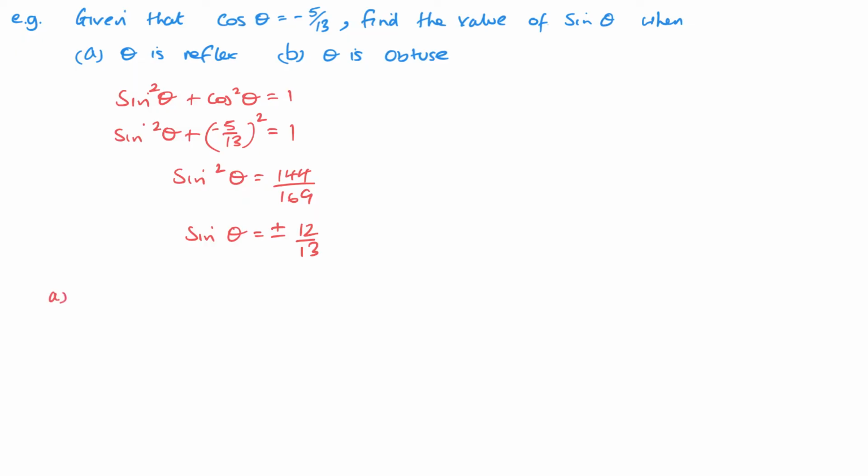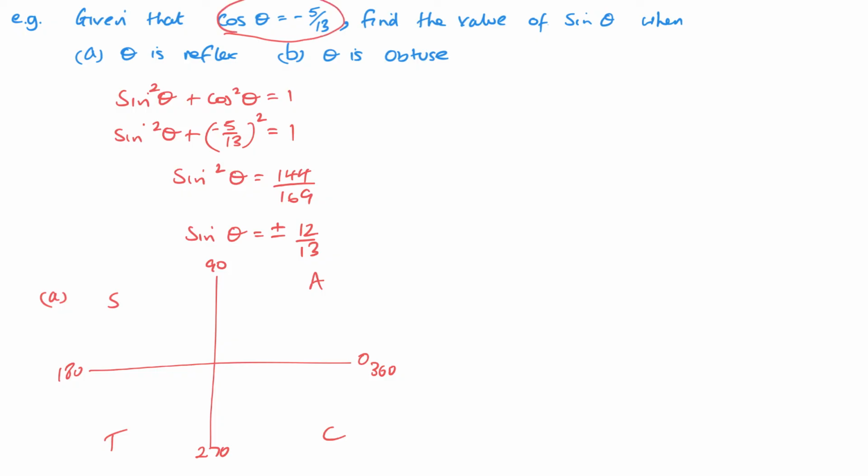So when I'm looking now at my sections, this part is the same. Reflex, again, we know it's between 180 and 360, and we need to check the question. So cos is negative, so it has to be this section, because again in this section cos is positive. And knowing this, we know that for the first one, sine theta is minus 12 over 13.